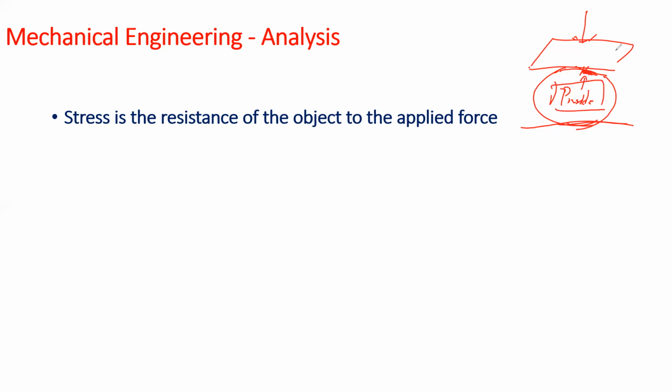So stress is the resistance of the object to the applied force. It is not just force divided by area. Most often we do not encounter the situation which I have drawn here, but it is always helpful if we keep an eye open to what the actual free body diagram is. Well, let me clear the drawings.